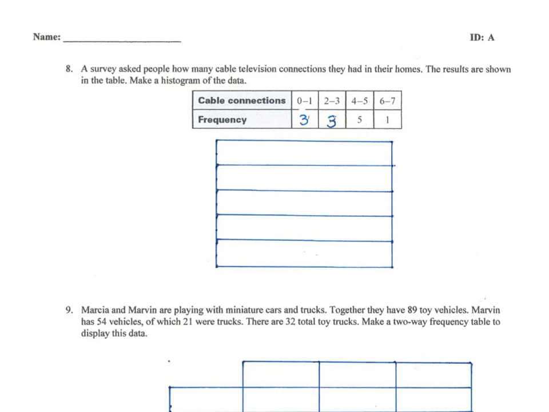So I'm going to go ahead and label. So this is 1, 2, 3, 4, and 5. Okay. Now you need to make the bars. So this is going to be a bar 0 to 1, 2 to 3, 4 to 5, and 6 to 7. Those are going to be your bars. Okay, remember they got to touch like mine are here. Mine aren't correct though, so you need to make yours correct.